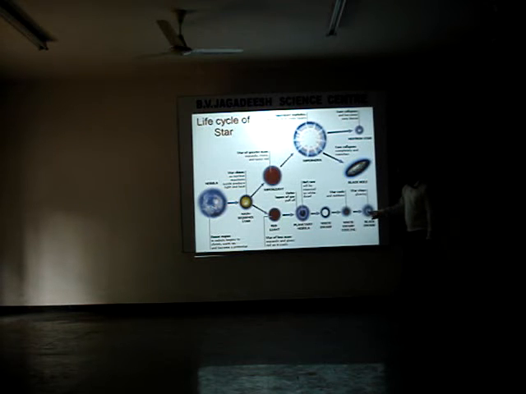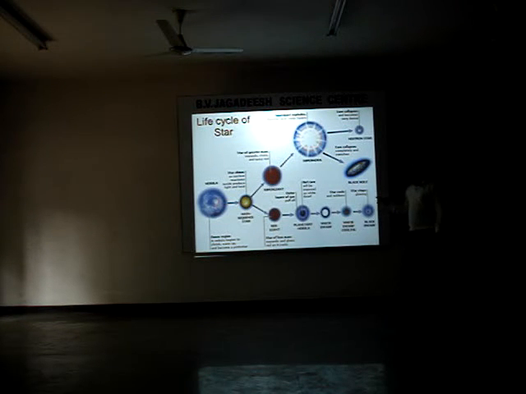From here to here, it takes about 100 billion years. The whole universe is about 13.5 billion. So expecting a star in this age is not feasible. There is no star in this particular life cycle, in this age, because it takes about 100 billion years to get to this stage.